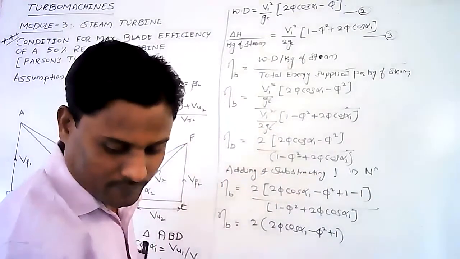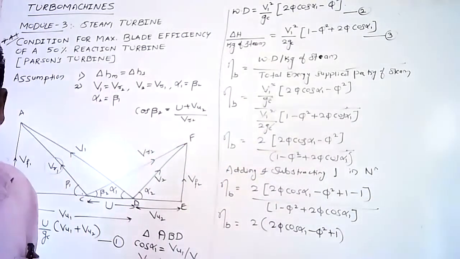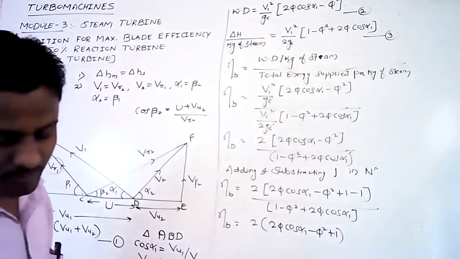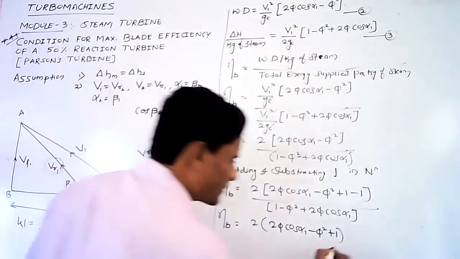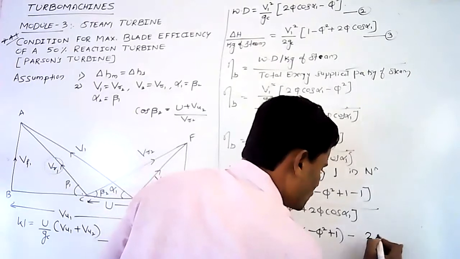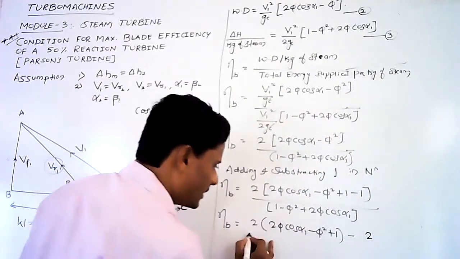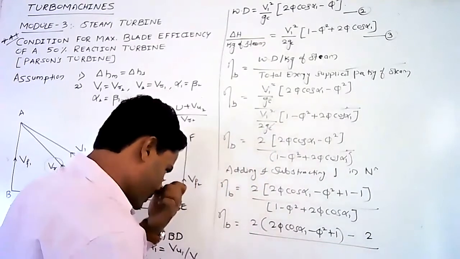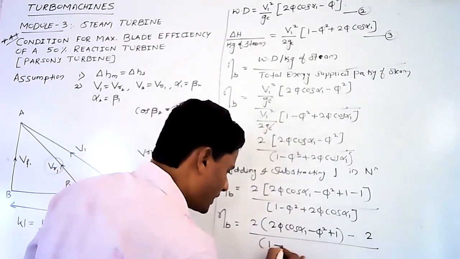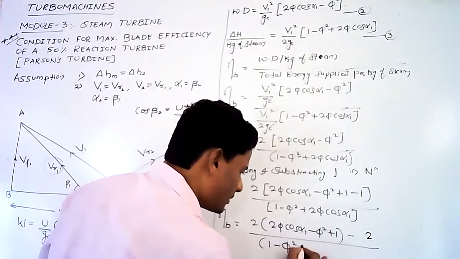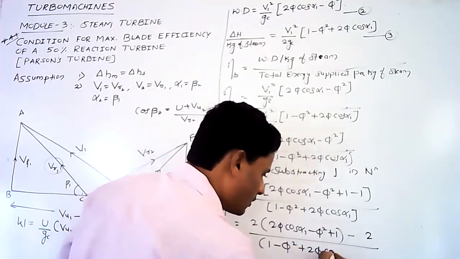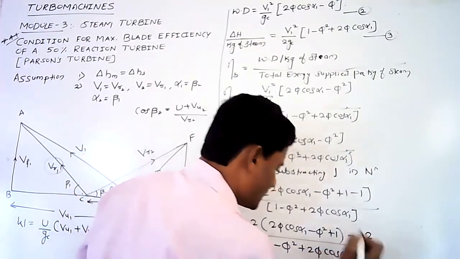So I can write minus 2 as it is here, divided by 1 minus phi square plus 2 phi cos alpha 1 as it is.